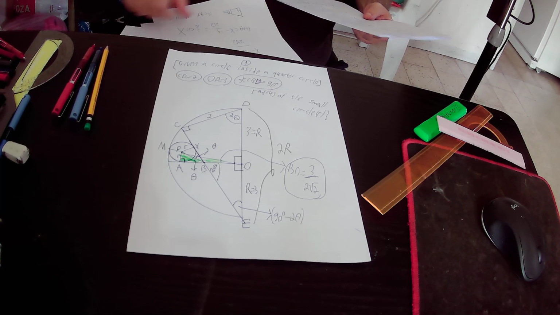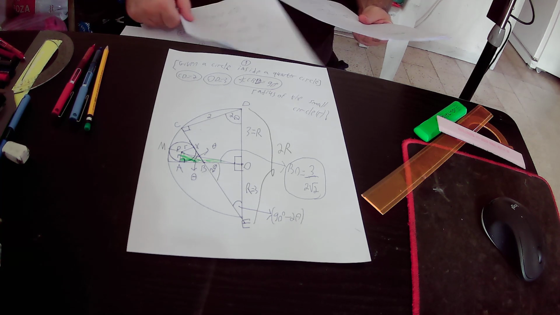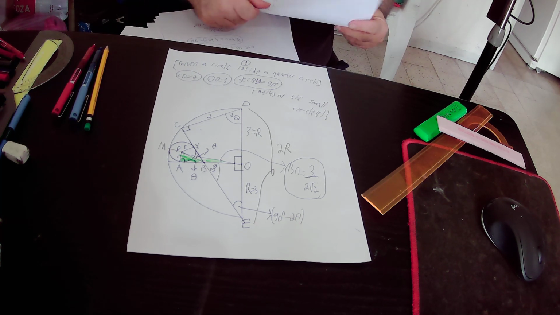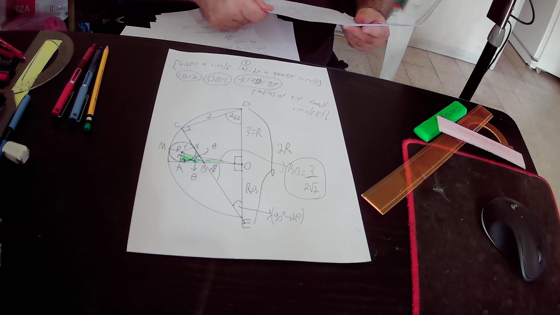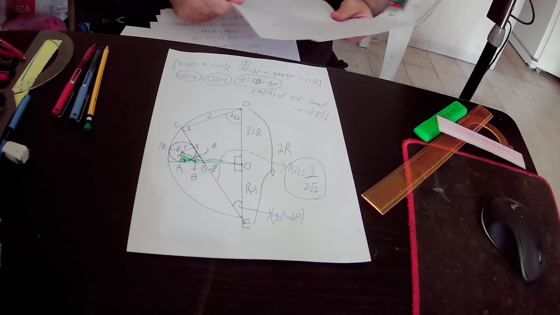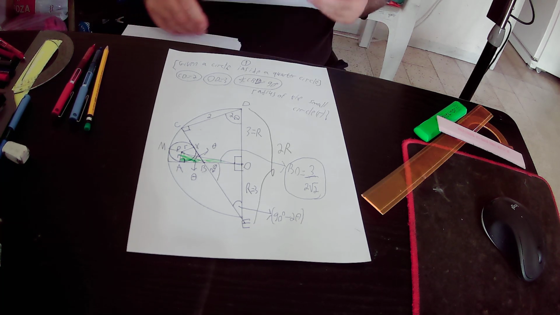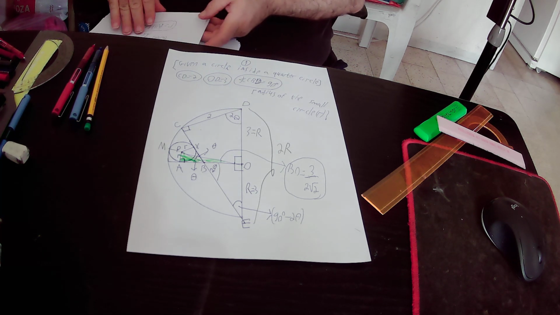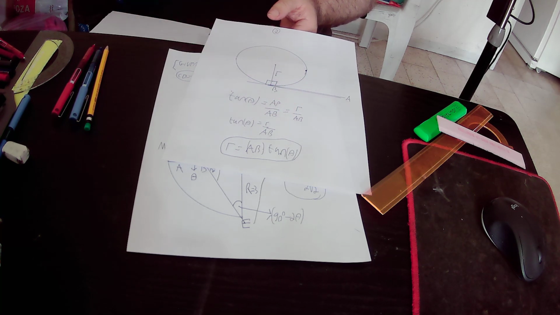Okay? So again, the radius of the small circle equals AB times tangent theta.